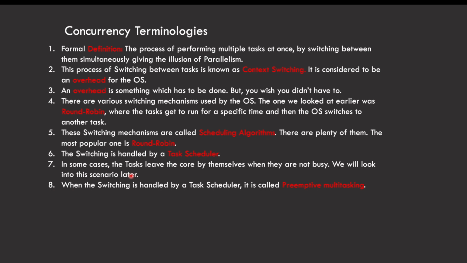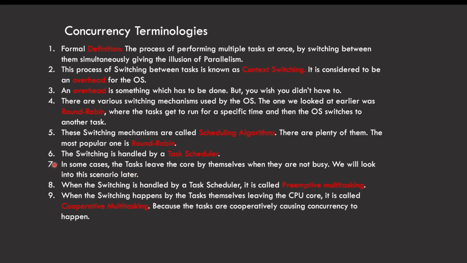So preemptive multitasking is basically when the task scheduler tells the task to leave the core. In our case, it tells the order to stop and tells the chef to work on another order. So this is preemptive multitasking.